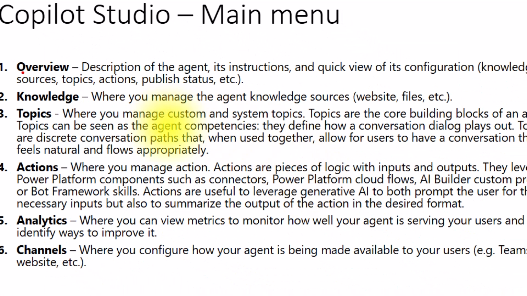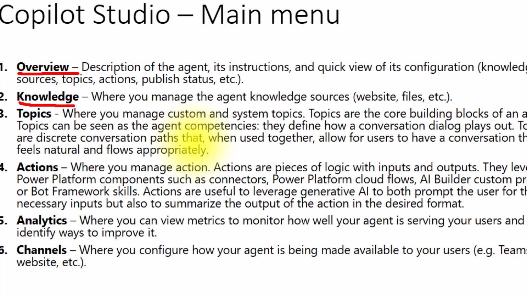Okay, the overview. It's a description of the agent, of the Copilot you just created or you are working with. It's a quick view of its configuration and what the Copilot will do. Knowledge, the second important section, is where you can add the source of the agent's knowledge.